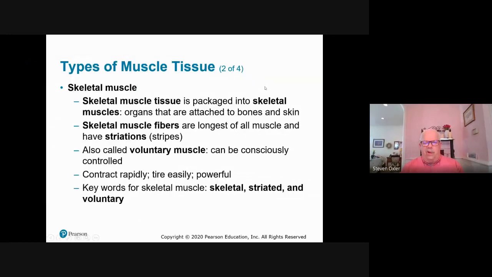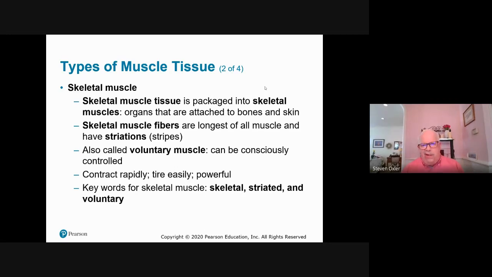Okay, so skeletal muscle is basically the muscle that is attached to bone, that is attached to skin. These muscle fibers are the longest of all the muscle fibers, and they have stripes. And the stripes are called striations. They are basically voluntary muscles.